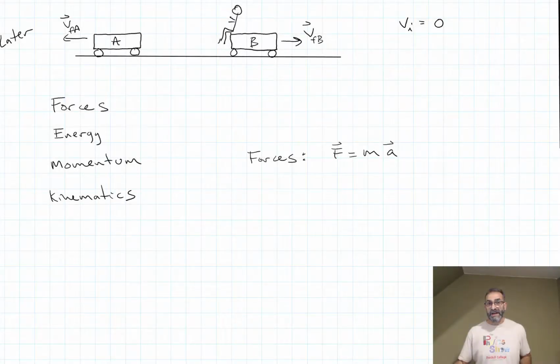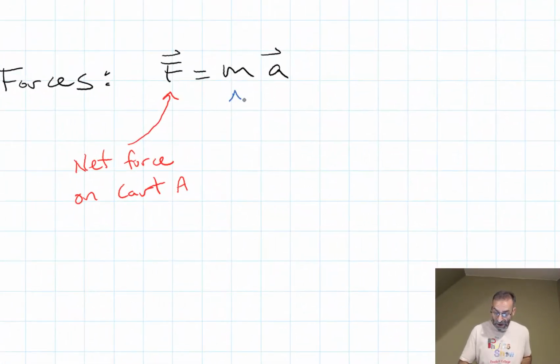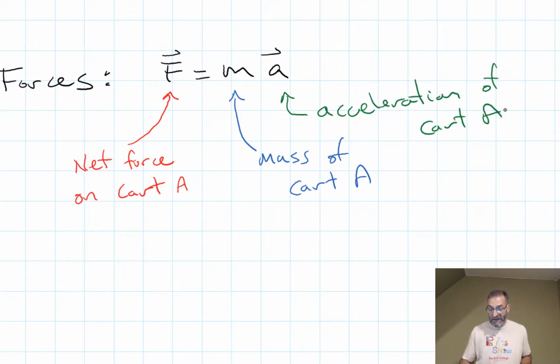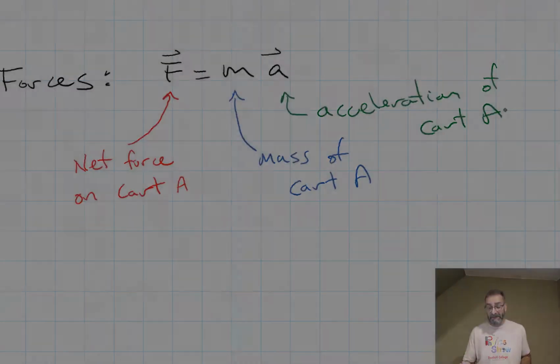Let's take a look at our equation F equals ma and think about what each of those variables means. F is the net force acting on cart A. m is the mass of cart A. And a is the acceleration of cart A. Make sure you understand what each variable in the equation stands for.